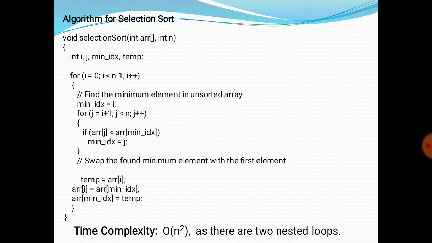So as per the previous example, after the completion of the first pass, 11 and 64 will be interchanged according to this process. Then it fixes the second position with the minimum element and then it continues until the list is sorted.